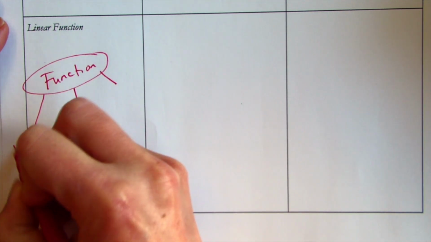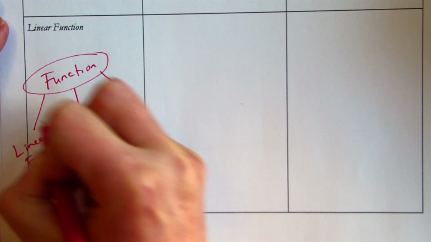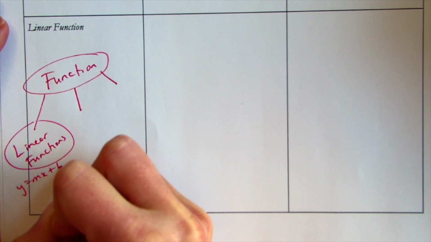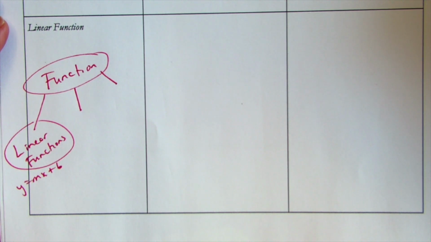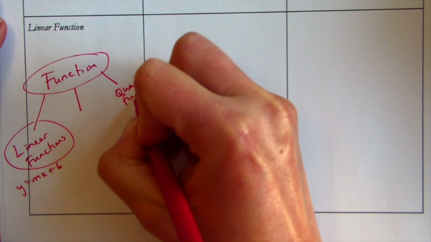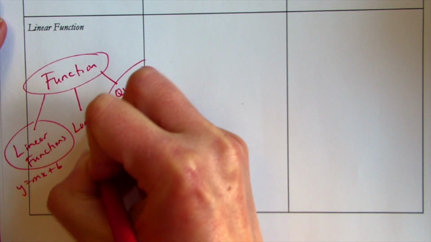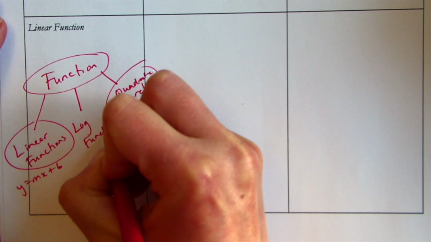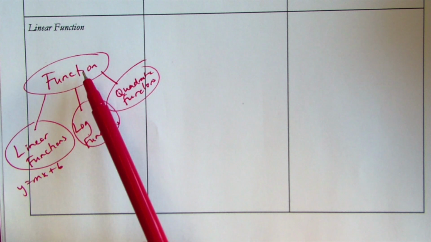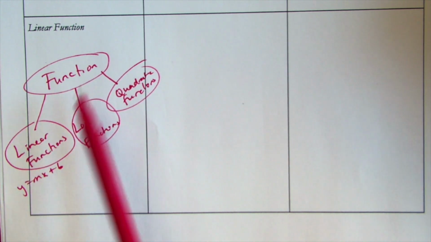We haven't touched on this very much. Because this unit is all about linear functions, we've talked a lot about linear functions, y equals mx plus b. But in your other math classes, you've been introduced to quadratic functions. Another example would be log functions or exponential functions. So just remember, function is like this big idea, and then a linear function is a type of function.